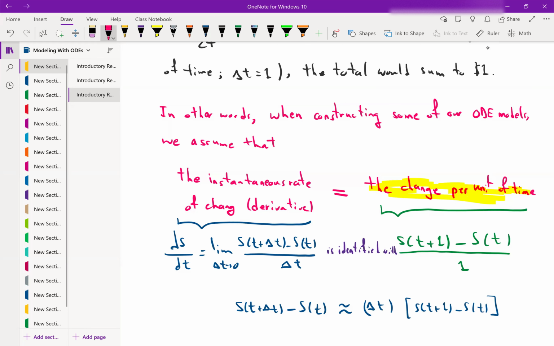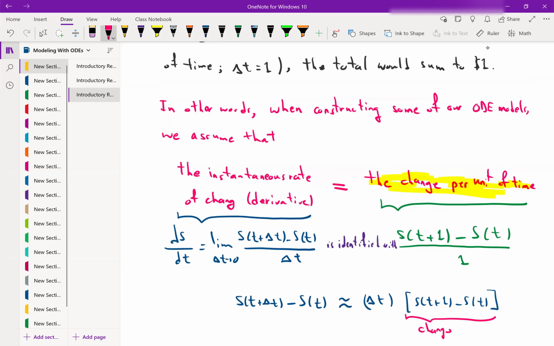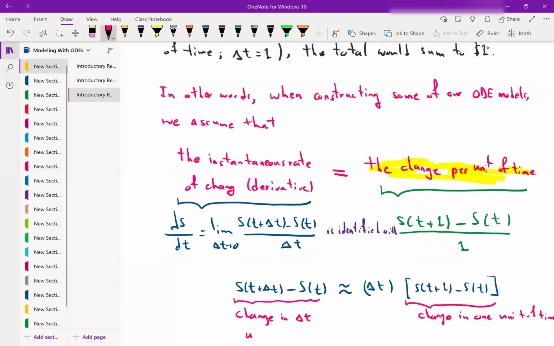This is the change in 1 unit of time, and I'm making the assumption that if I multiply that by delta t, that will give me the change in delta t units of time.